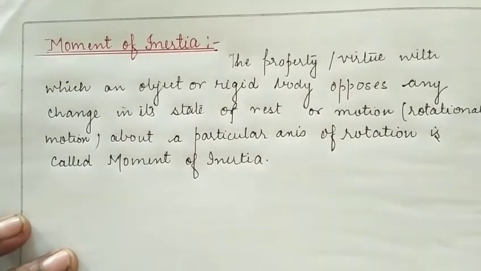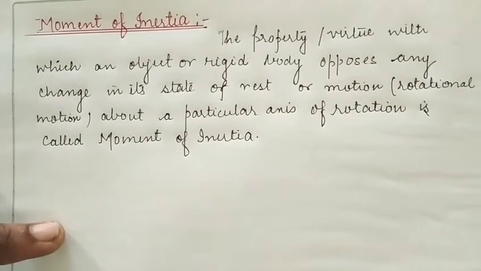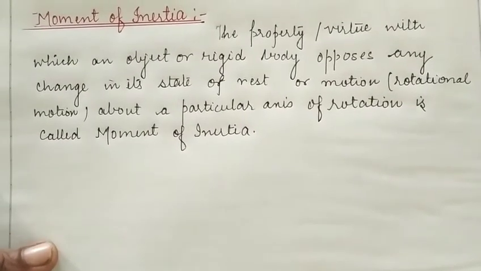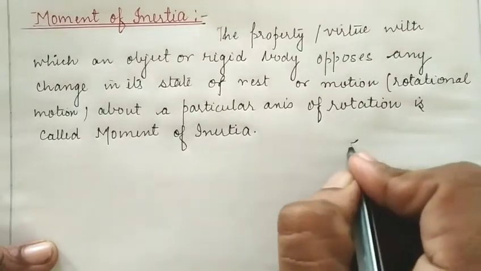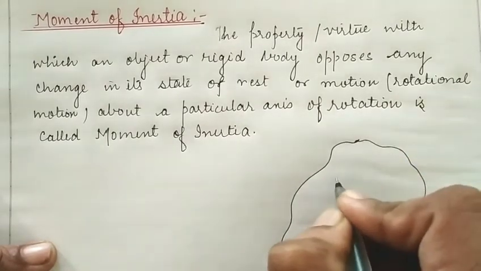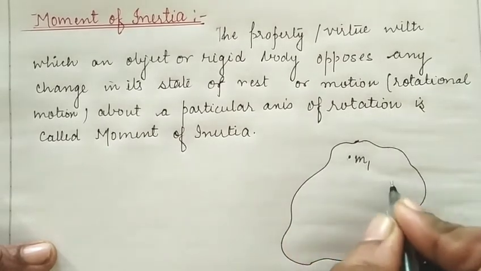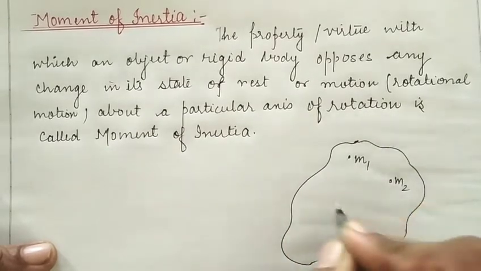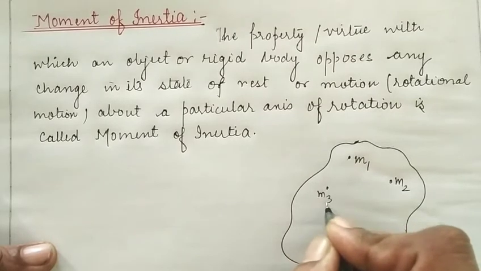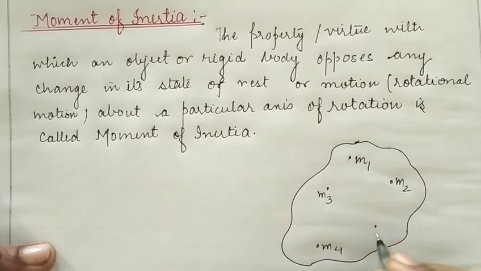Okay students, so now with the help of an example, I am going to give a glance at what and how to calculate the moment of inertia for a rigid body. Let us suppose that we have a rigid body which constitutes n number of particles. The first particle is m1, the second particle has mass m2, the third has mass m3, the fourth has mass m4, and in the same fashion another particle is mn.